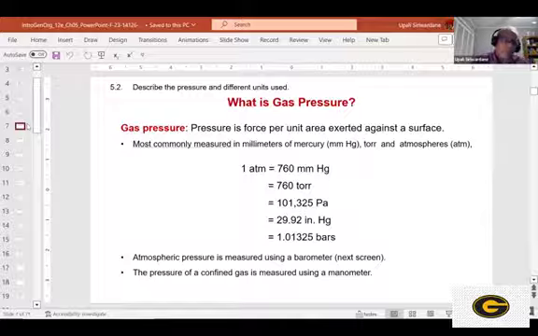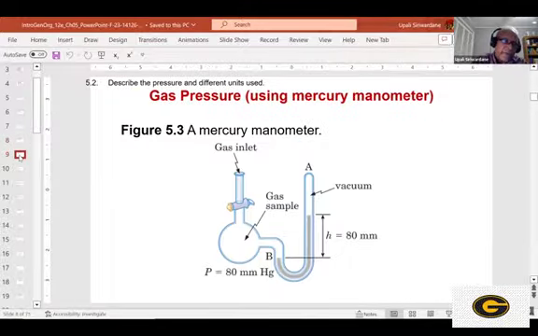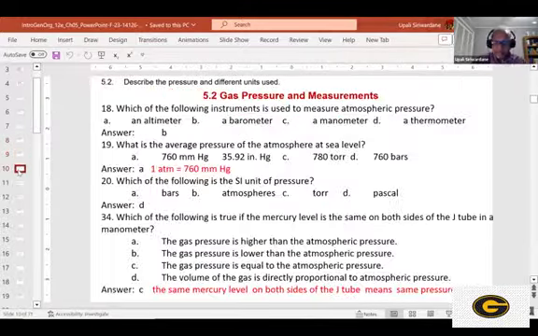I talked about gaseous pressure, how you measure them. These are the questions. So there are going to be a few questions on gas pressure measurements.